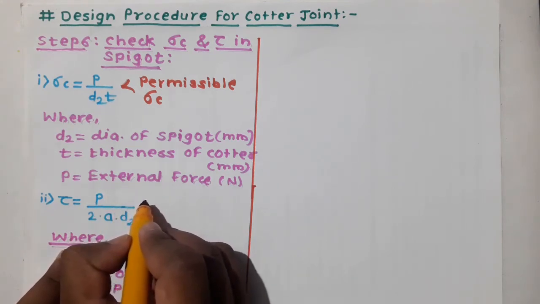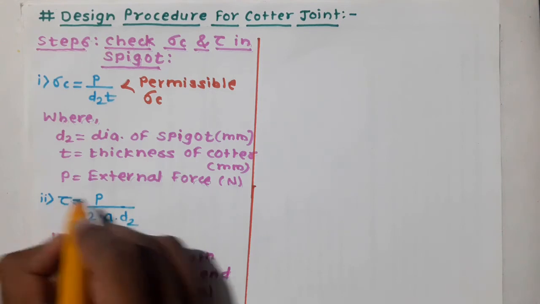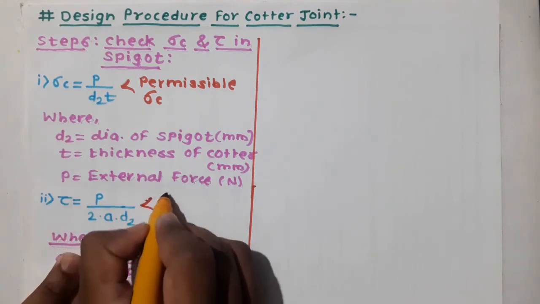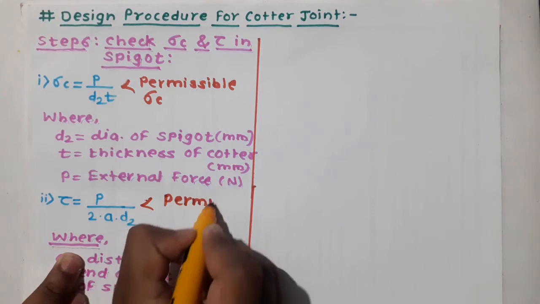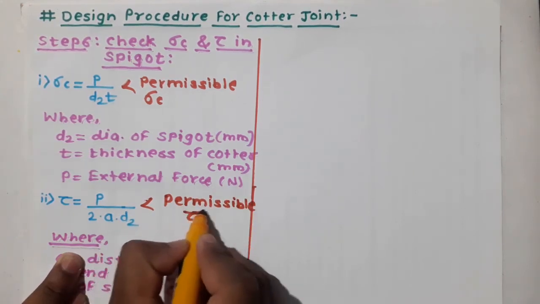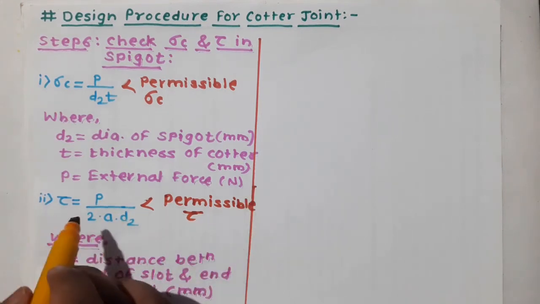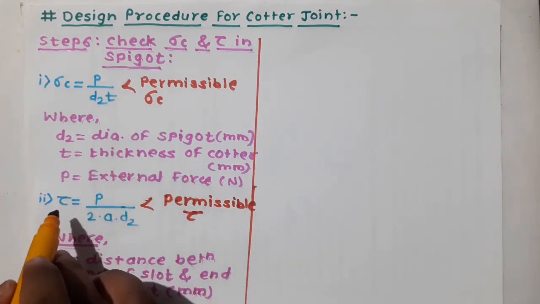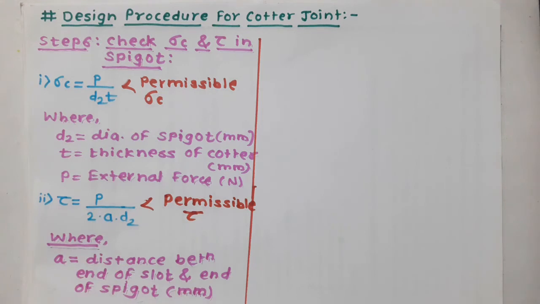And remember that for the safe design, this induced shear stress tau must be less than permissible shear stress tau. Okay, so then and then only we can say that this design of spigot under shear stress is safe.